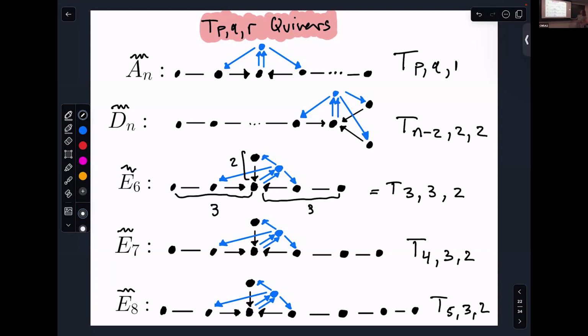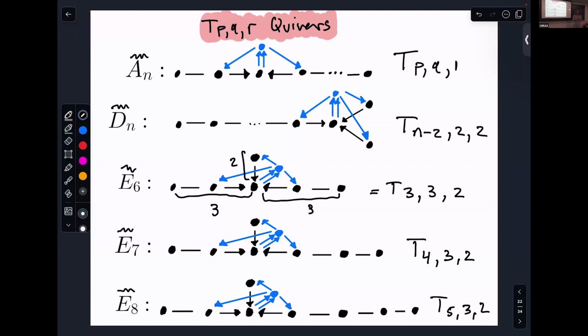And we can see that in our A_n, there's really of this family PQ, it depends on where along the chain this double arrow gets placed, but in D and E6, E7, and E8, the double arrow has to be placed over the trivalent node. So these TPQR quivers should be thought of as another way of extending the finite Dynkin diagram to an affine Dynkin diagram. If I remove that blue node, what I'm left with is the corresponding finite Dynkin diagram.